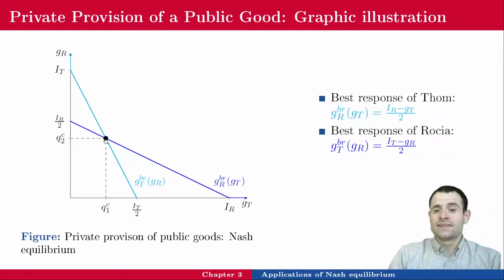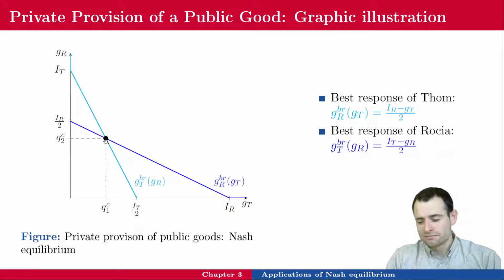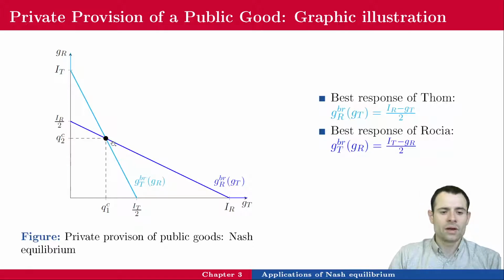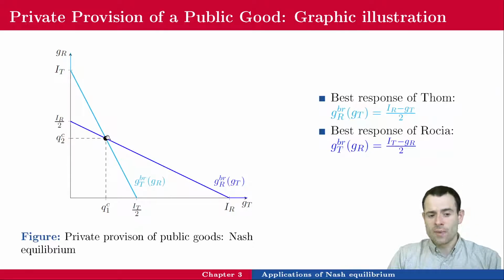It is an interior solution because the math works out pretty well. And they both end up contributing a positive amount, but you can see that Tom, I have to change this notation, comes from the Cournot model. Tom's contribution will be smaller, it was equal to 4, than Rosia's contribution, which was equal to 7. Okay?